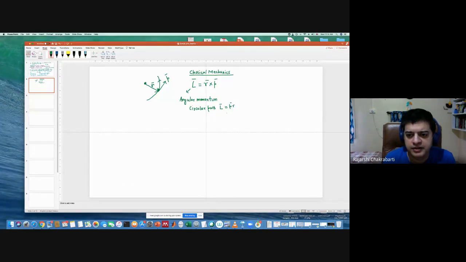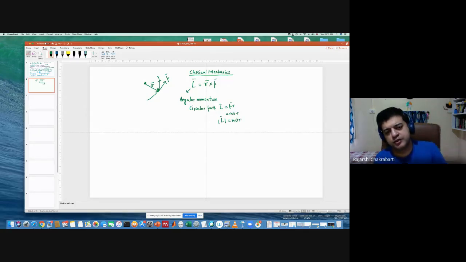Isn't it M V R? Remember this? For a circular path, the magnitude of L is actually MVR. But it may not be on a circular path. It could be on an elliptical path.